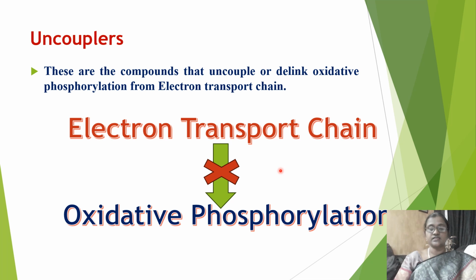These uncouplers also increase the rate of oxidation of substrate, and this happens without ATP synthesis, which means there is an increase in NADH and FADH2 oxidation. This is seen in the presence of uncouplers, but no ATP synthesis takes place when you add uncouplers.